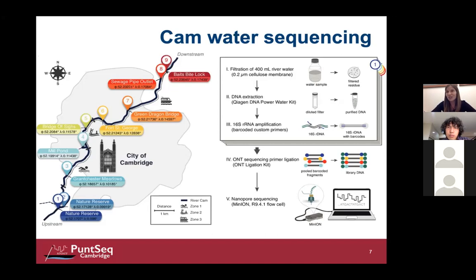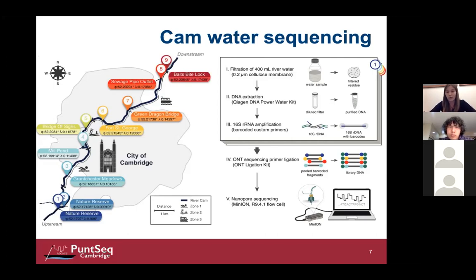Because as I mentioned at the beginning, we didn't have too much funding for this project, as it was a purely student-led project, so we tried to reduce the cost as much as possible. And then we used the standard Oxford Nanopore Technologies ligation kit that we applied to the pooled barcoded reads to get our libraries, which we would then sequence on the nanopore.